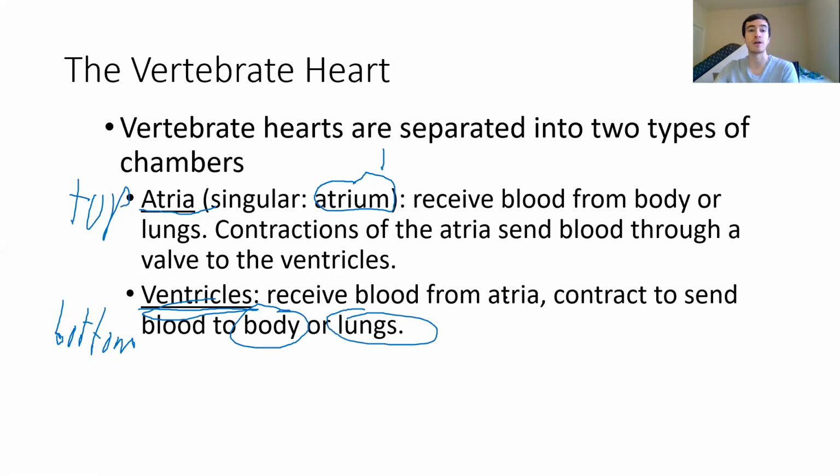So the atria receive blood from the body and then send it to the ventricles. The ventricles receive the blood from the atria and then pump it out of the heart into the rest of the body or out to the lungs. So atria up top getting blood in, ventricles on the bottom pushing blood out.